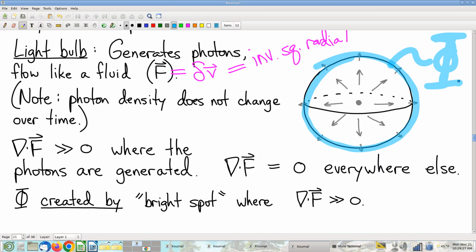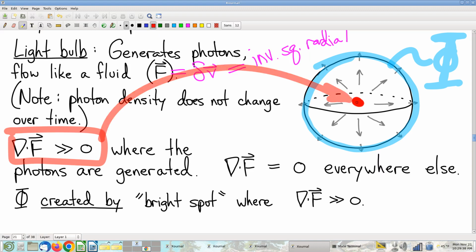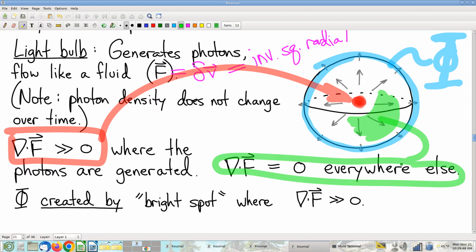Divergence is pointing right at it. And how much of this flux? Let me color code this, by the way. Divergence is huge. There. How much of this flux is coming from around here? None. There are no photons coming from this green region. They pass through the green region, but that's not where they came from.